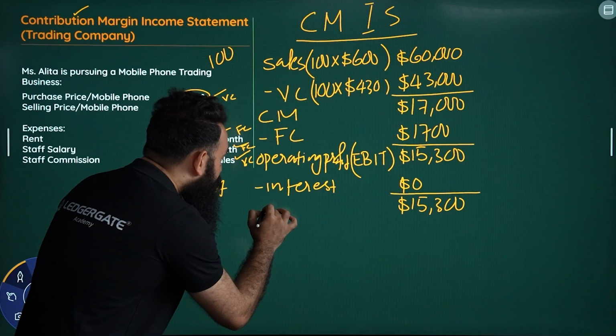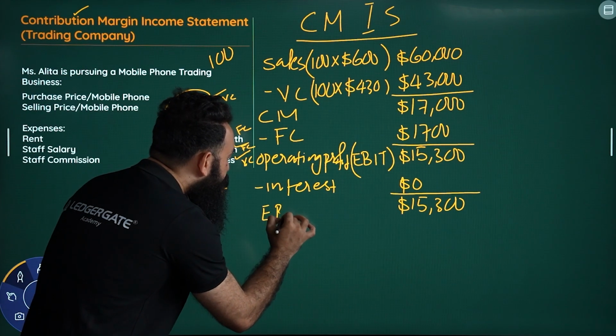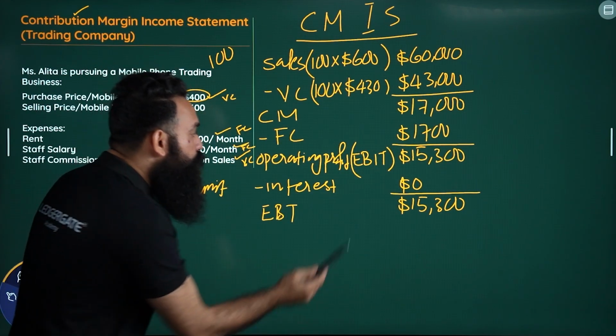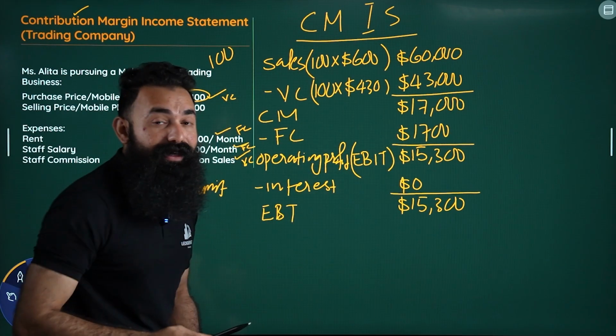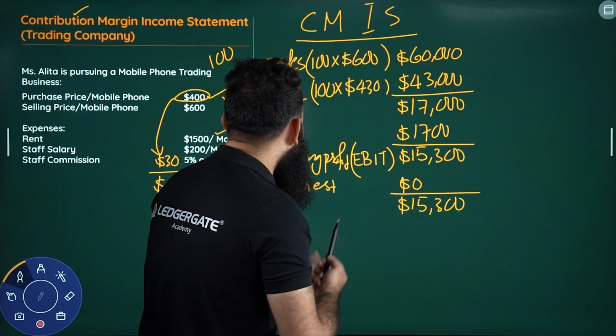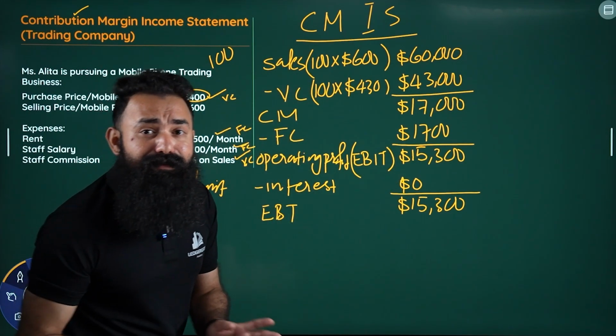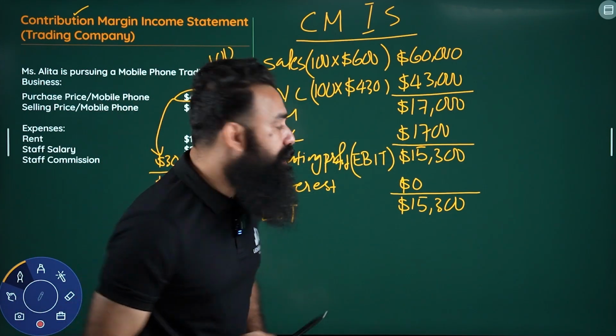This is called earnings before tax. Before it was earnings before interest and tax. Now we have deducted interest. Even if we don't have the interest, we are simply deducting for the sake of showing the calculation.